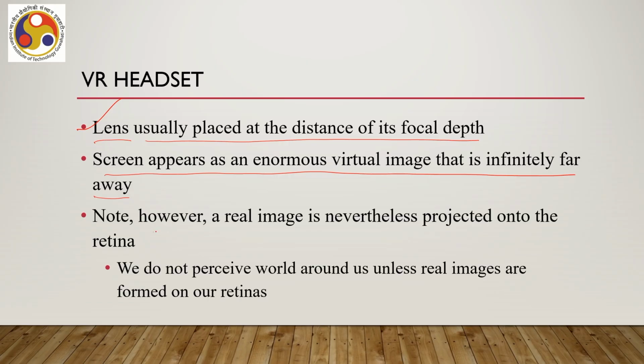It may be noted, however, that a real image is nevertheless projected onto the retina. We do not perceive the world around us unless real images are formed on our retina.